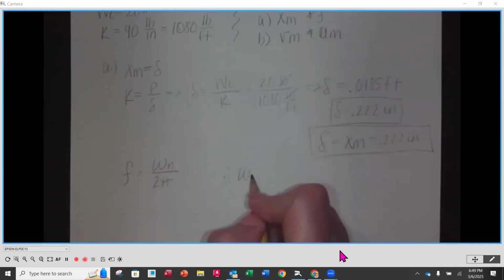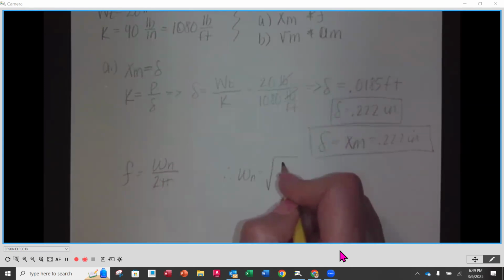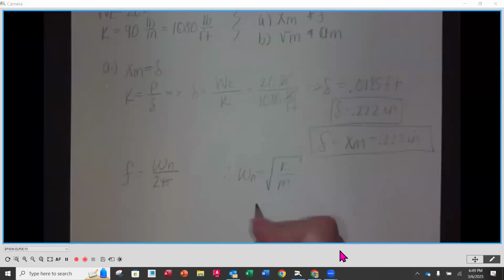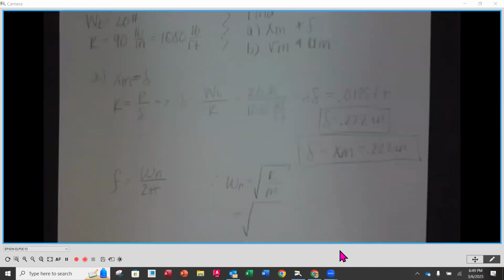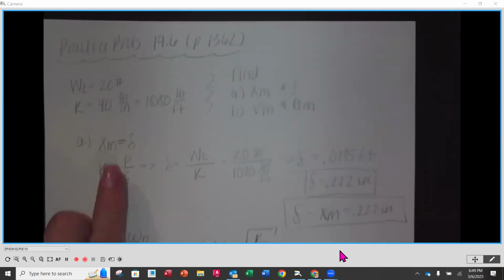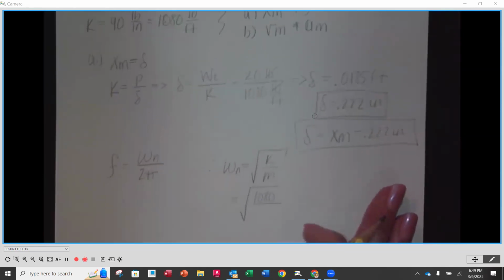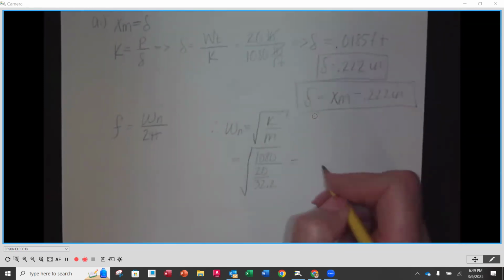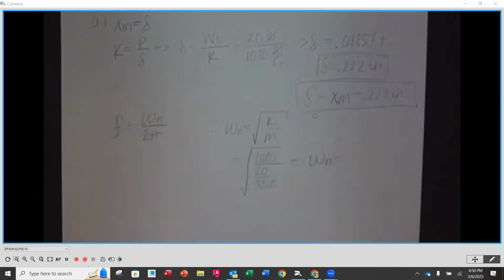We know that value to be equal to the square root of our K factor divided by mass. So we're going to use the 1080 pounds per foot, divided by the mass. We're given that the block is 20 pounds, which is not mass. So we need to take the 20 and divide it by 32.2, the rate of gravity, like we've been doing throughout dynamics class. So our natural circular frequency, what do we get?